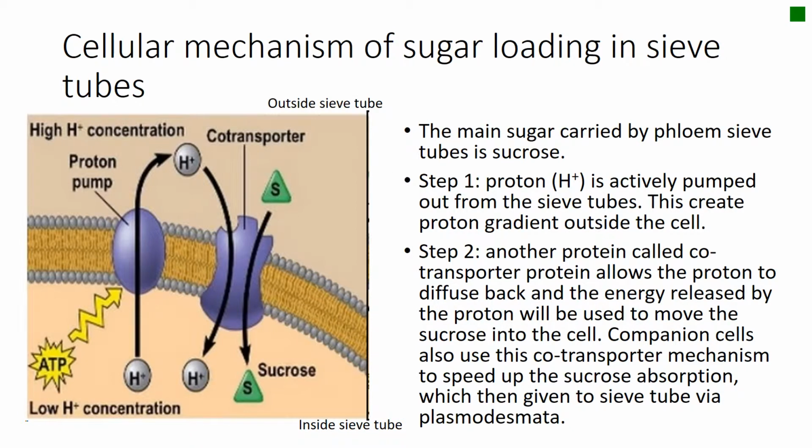So the first step that will happen is, inside the sieve tubes, there are lots of protons in the form of hydrogen. Now, if you still remember the electron transport chain, there is a proton pump. The similar thing happens here: the proton, using the ATP from the sieve tube, will be pumped out to the outside area.